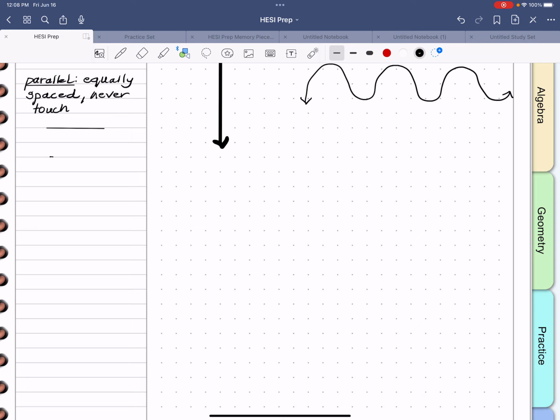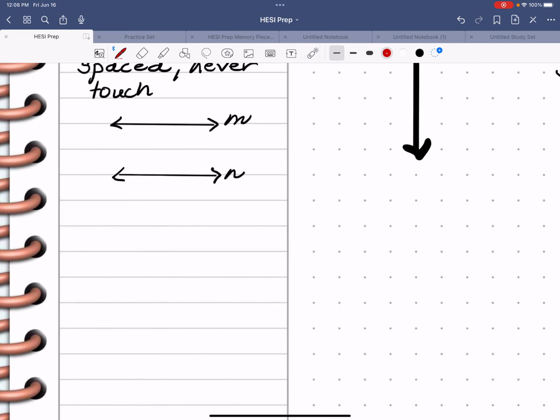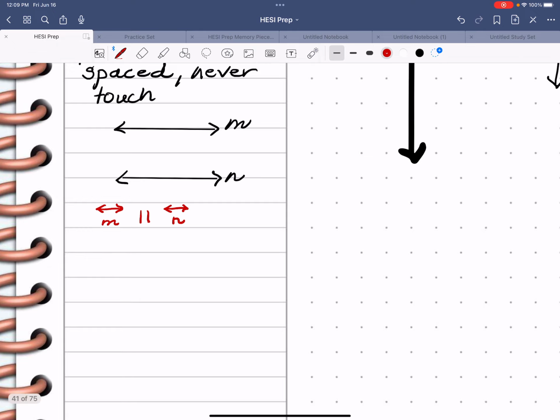This line and this line are an equal distance apart all the way down the line, and they never touch. They never would touch. So if this is line M and this is line N, we could say, let me write it in proper form, line M is parallel to line N. Parallel.